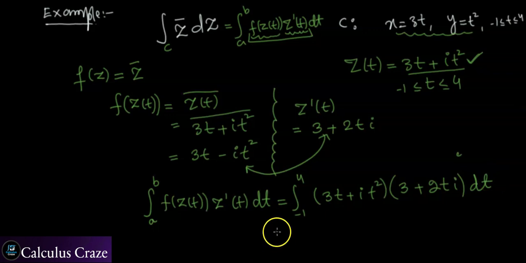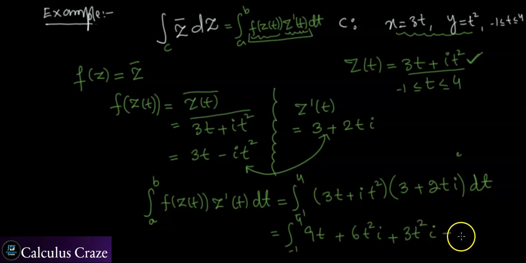Now let's multiply these. From -1 to 4, this multiplication turns out to be 9t plus 6t square i and minus 3t square i, and then minus 2t cube. So this is just complex multiplication, right?